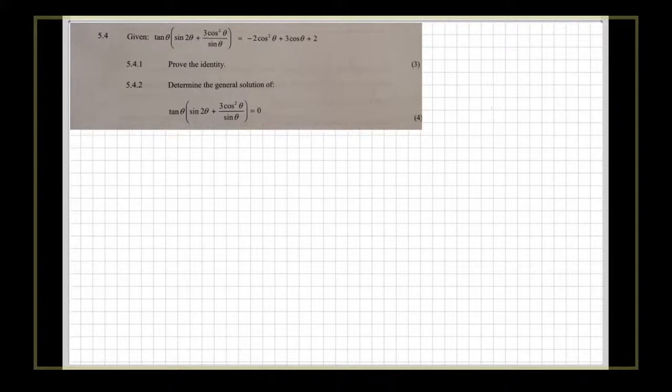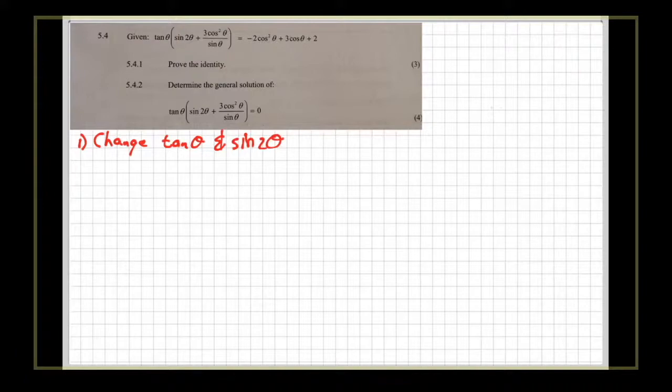If I've got to prove a left equal right, my thought pattern is number one, change tan of theta and sine of 2 theta. The reason why I pick them is simply because they only have one set of identities.